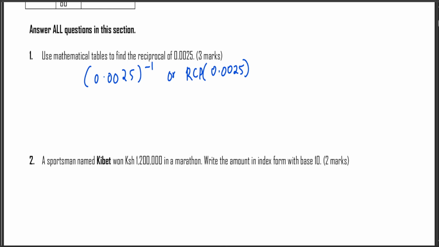0.0025. Sawa. But now once you've written this, lazima uandike in standard form, which is 2.5 times 10 raised to power -3, kwa sababu kama point yako ni hapa, yamaanisha waenda nyuma mara 3, upate ile 0.0025.